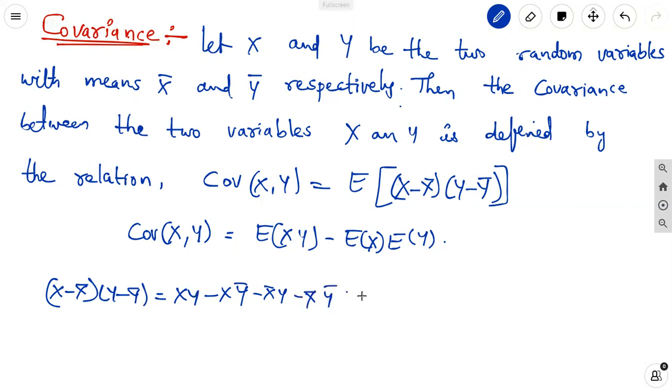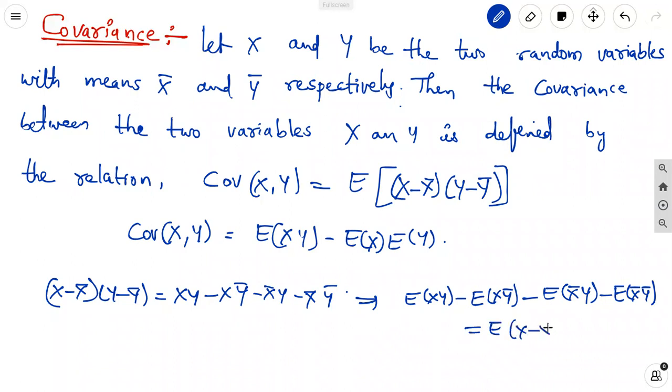Applying expectation on both sides, expectation of XY minus expectation of XY bar minus expectation of X bar Y plus expectation of X bar Y bar is equal to expectation of (X minus X bar) into (Y minus Y bar). After the simplification, expectation of XY stays as it is.